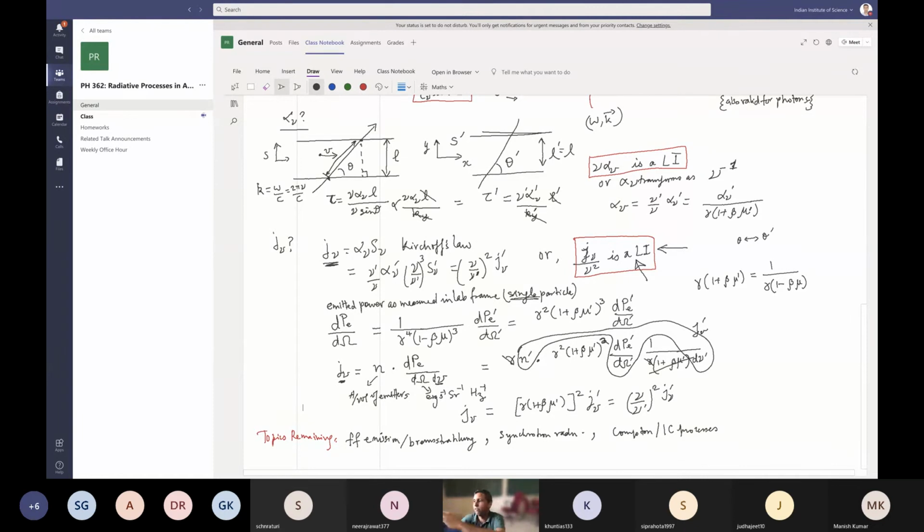And after that, we will do a little bit of plasma effects, plasma propagation, things like rotation measure, dispersion measure. And at the end, we'll do a little bit of atomic physics, modeling of line broadening mechanisms.